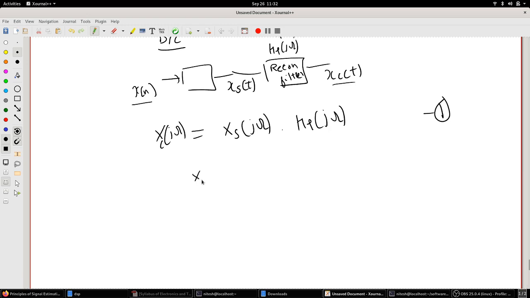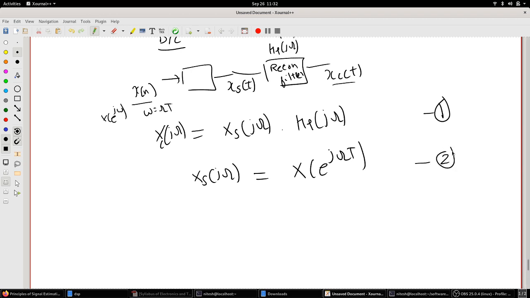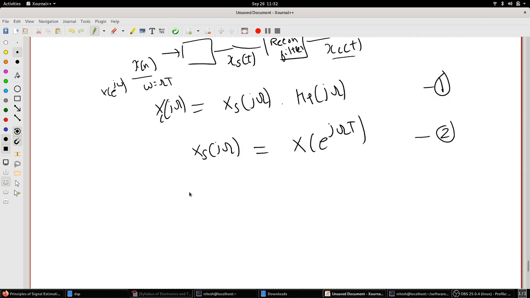So xs of j omega is equal to x of e raised to j omega t. It's the same as your x of e raised to j omega, but at omega equal to omega t you will get x of e raised to j omega. Okay, so this is your second equation. Now x continuous of j omega will be equal to x of e raised to j omega t into hr of j omega.